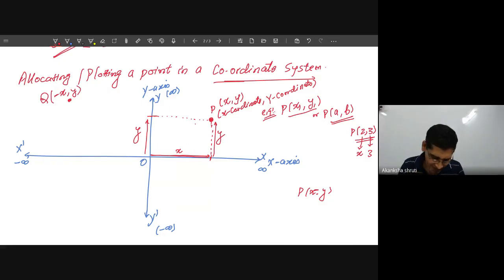So if I take Q as x1, which we have already taken, let me take this as x2 and y2. Here x2 will be the negative one, so we have to take care of that. So it is minus x2. Write it properly.